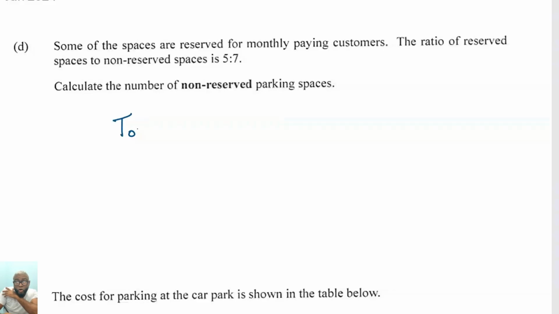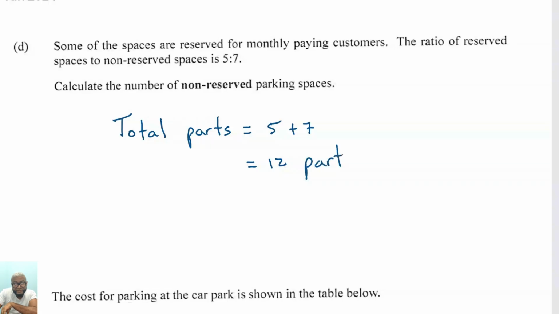So my total parts, which would represent all of the parking spaces, reserved and non-reserved, would be 5 plus 7, which would be 12 parts. Now, this 12 parts would be equal to 1,020, not 1,200.